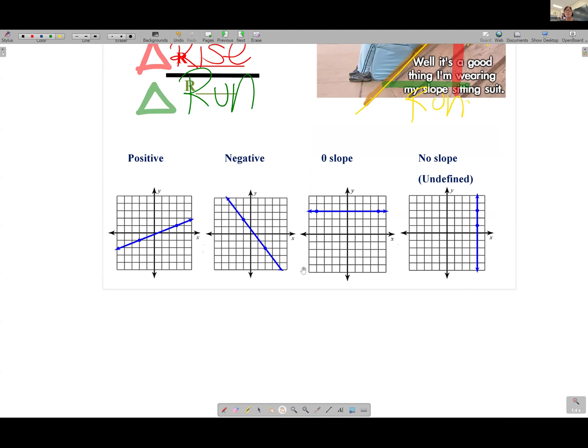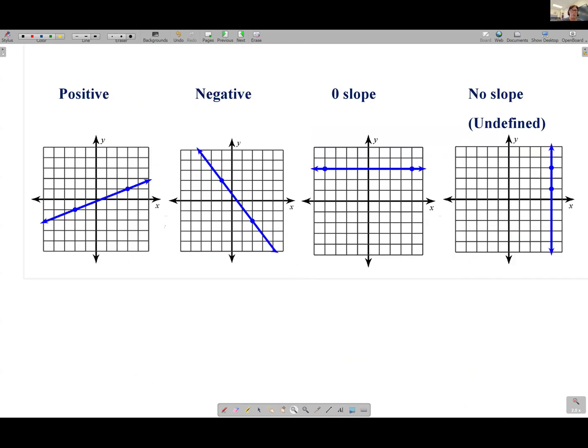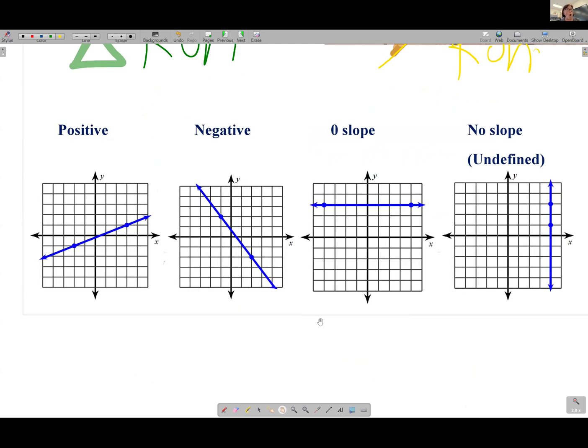There's 4 different kinds of slopes you need to be familiar with: positive, negative, zero slope, and no slope. First off, we read all graphs from left to right. So I want you to put your left arm up, like so. Tap it, say left, drag it, say right. Left to right. Ready?